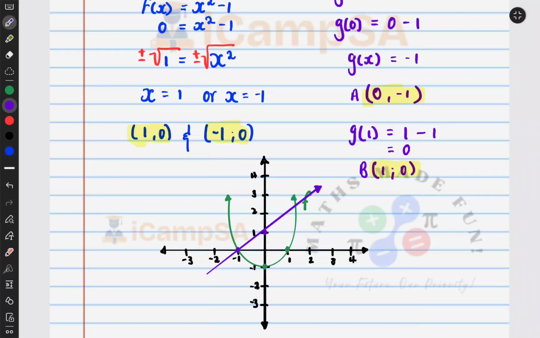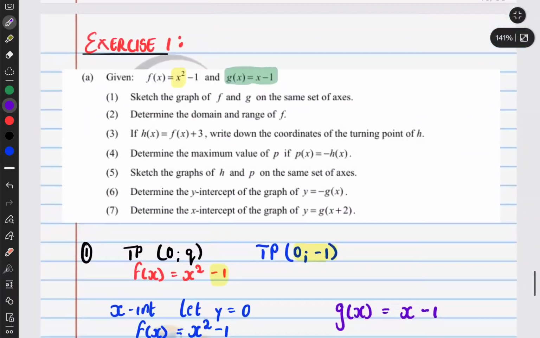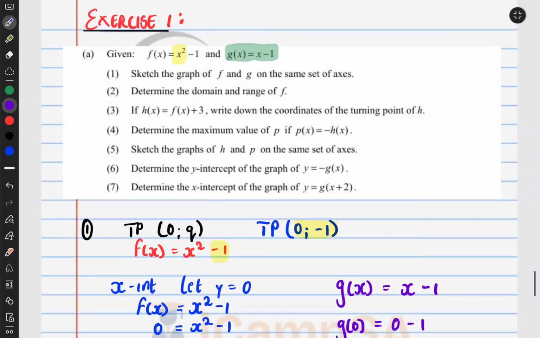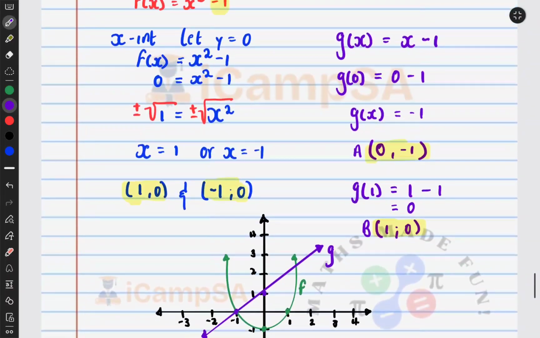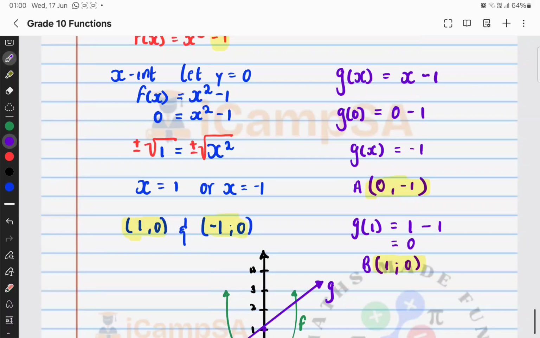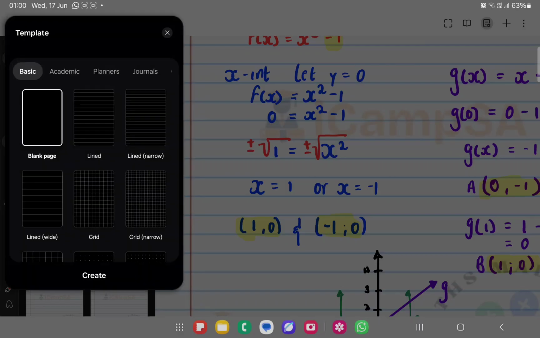That is our straight line function, which is the function g. This one is the function f, and the straight line is the function g. Okay, and then next we are asked to determine the domain and range of f. f is the parabola. Let me add the page.